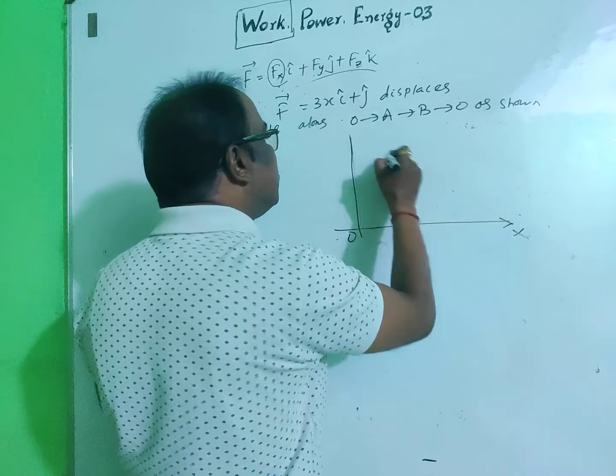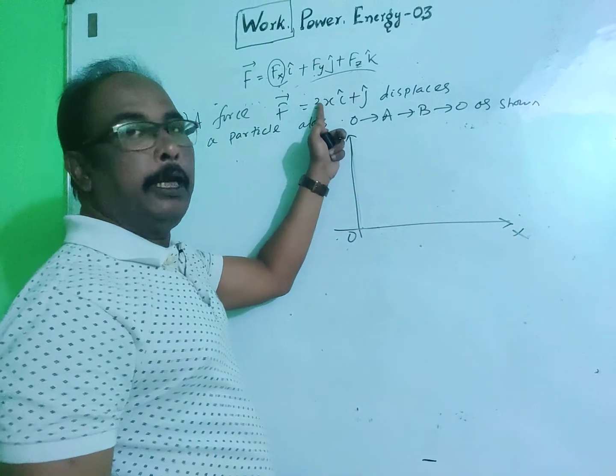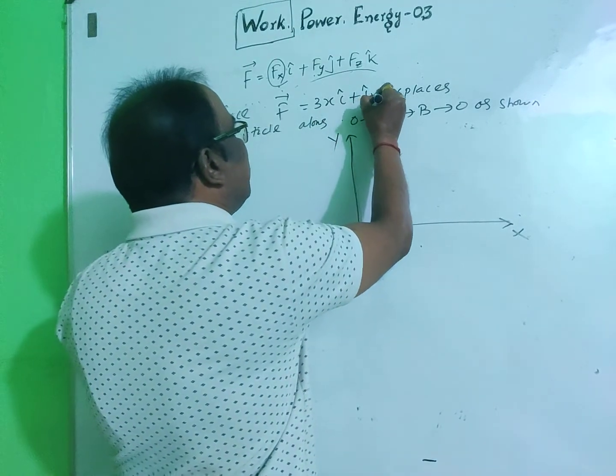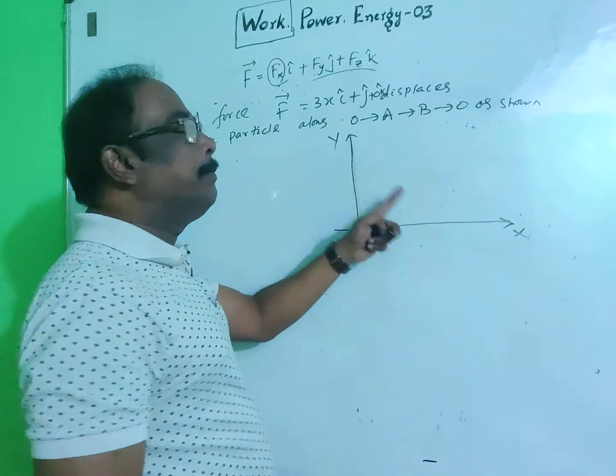This is along x axis, this is along y axis. 3x i cap, 1 j cap; here the z component is 0, so 0 k. So I am taking the xy plane.